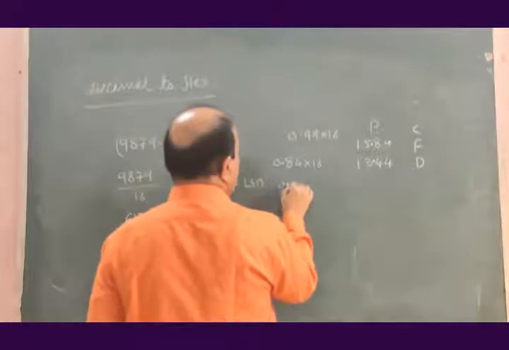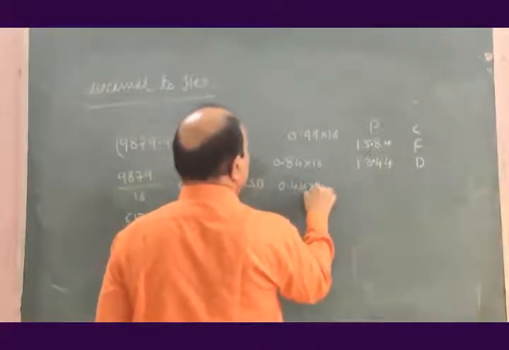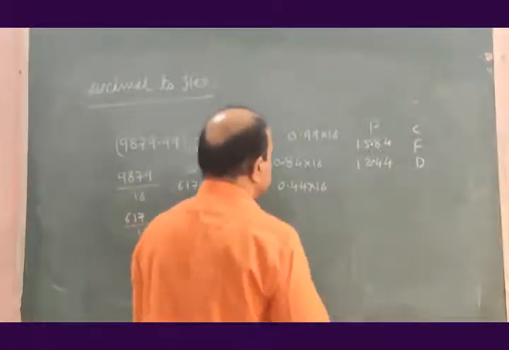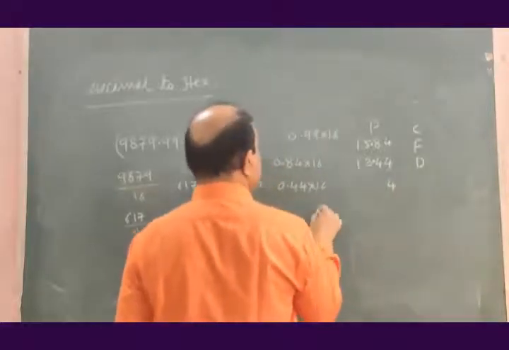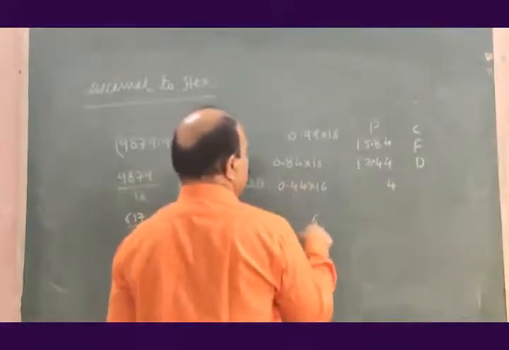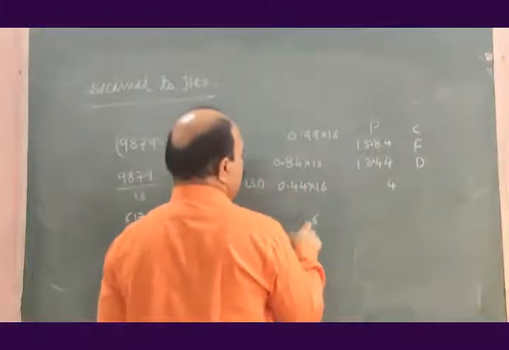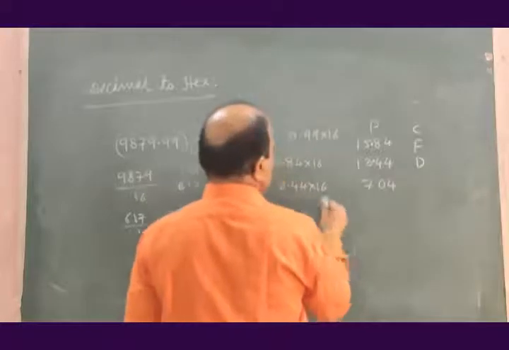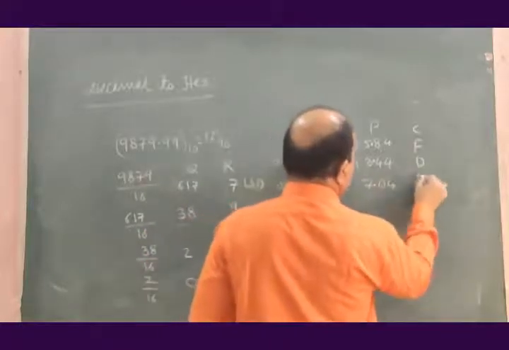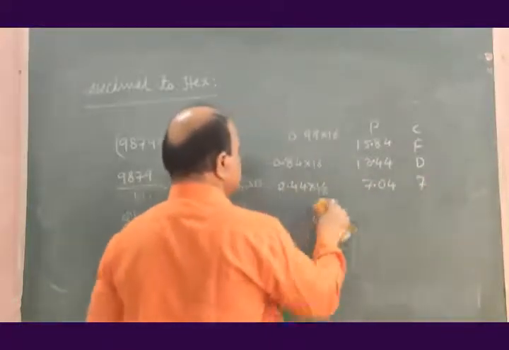Then 0.44 into 16, 16 4s are 64, 4 carry 6, 16 4s are 64, 64 plus 6, 70. Decimal point after 2, 7.